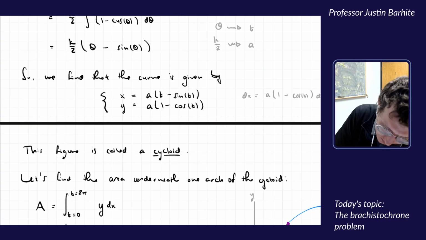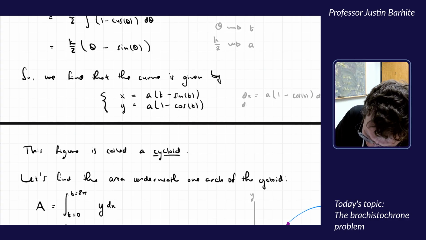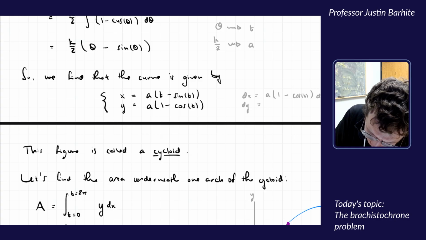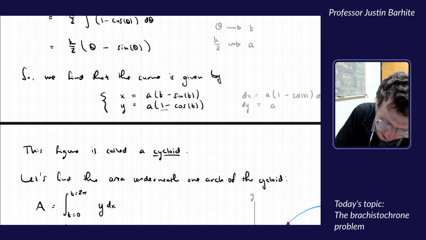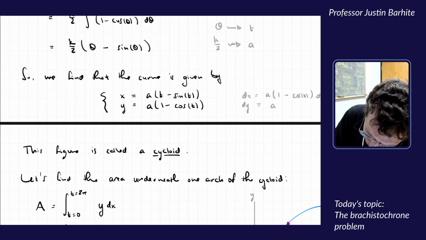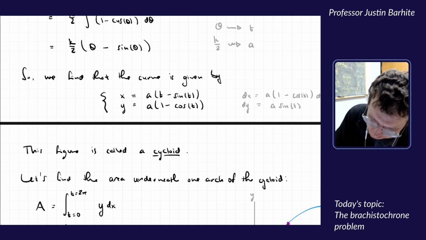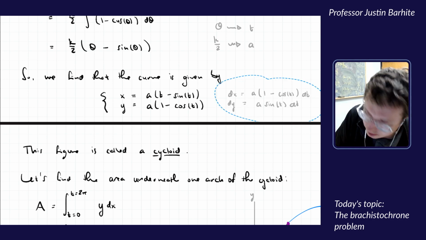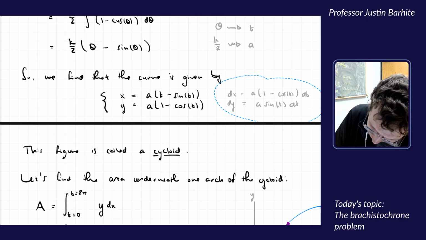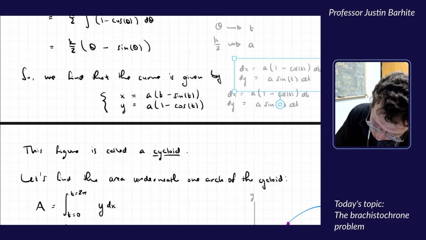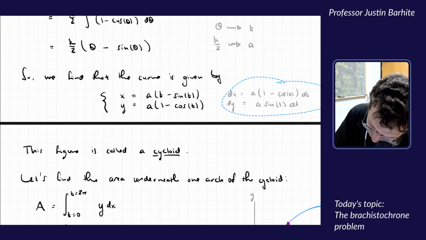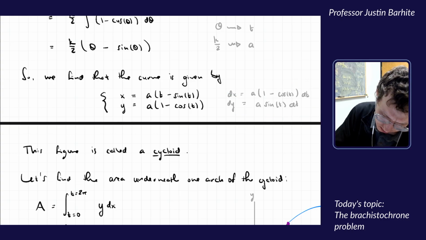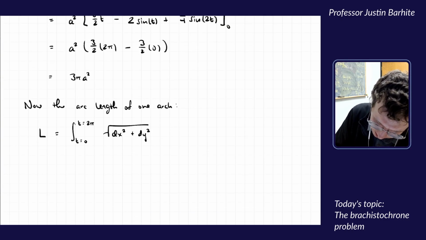So, we found dx previously. dy is even a little bit simpler. The derivative of that 1 is 0, and the derivative of minus cosine t is positive sine of t, dt. Let me copy this for convenient reference.